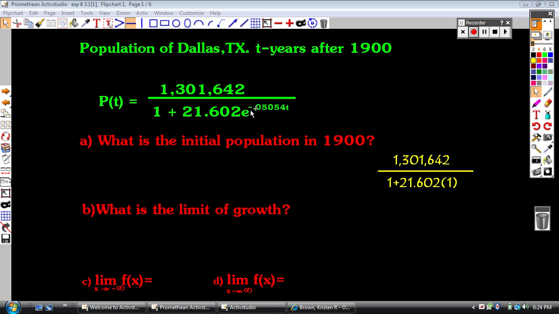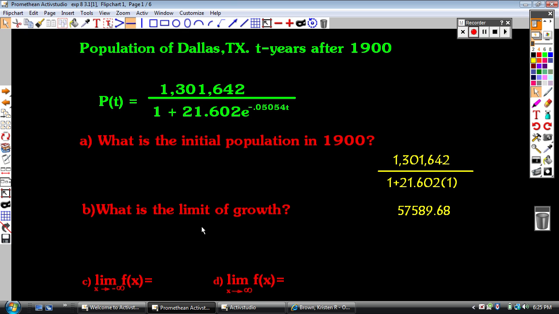Now anything to the 0 power we know is 1. So 21.602 times 1 is 21.602. Add 1, we get 22.602. So when I plug this into my calculator, I have my final answer. The initial population in 0 years after 1900, or in the year 1900, is 57,589.68.